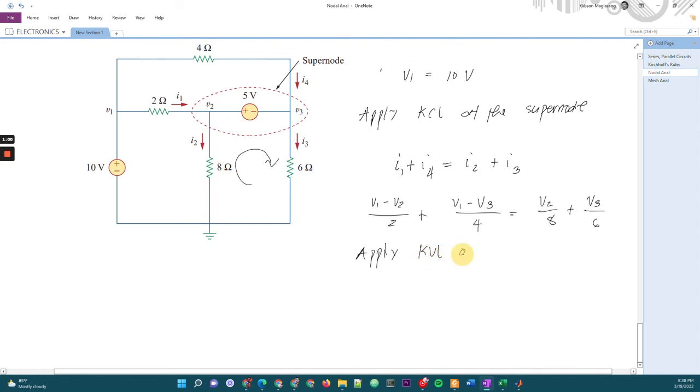around the supernode. Okay? So we apply our KVL, with the direction and sign for this one. So this would be positive.